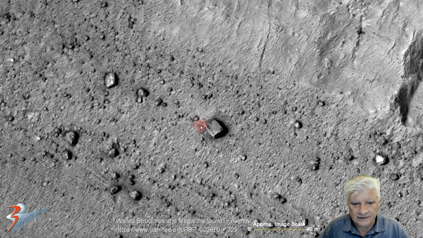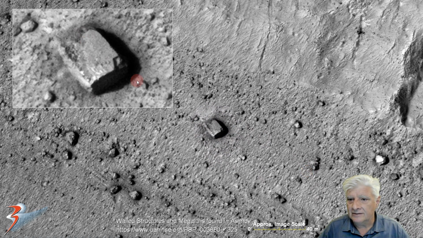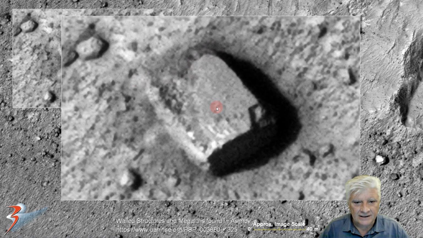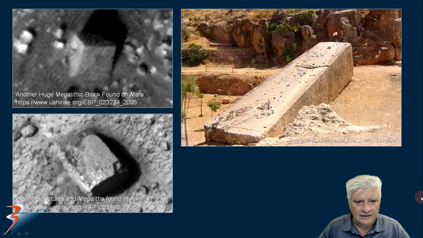Then we have this one in Azimov. Also note the straight edges, parallel sides, right angles to it, flat surfaces. It's even got a carved out piece here on the right, and I compare it to those megaliths that we find in Baalbek, Lebanon.